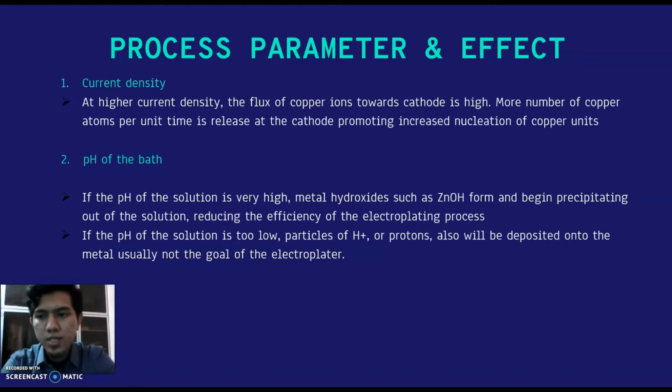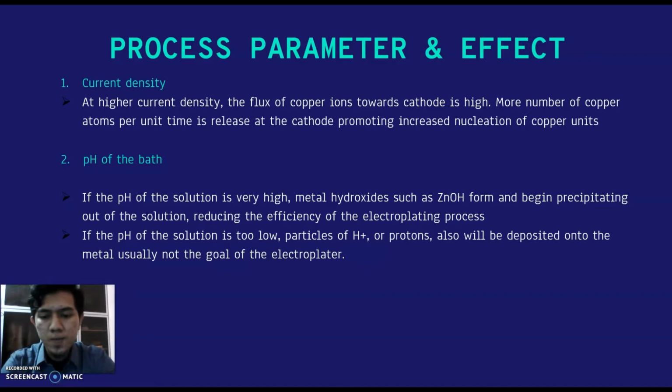The second one is the pH of the bath. The standard pH of the bath is 7 for alkaline solutions. If the pH of the solution is very high, metal hydroxide, for example zinc hydroxide, forms and begins precipitating out of the solution, so it will reduce the efficiency of the electroplating process.